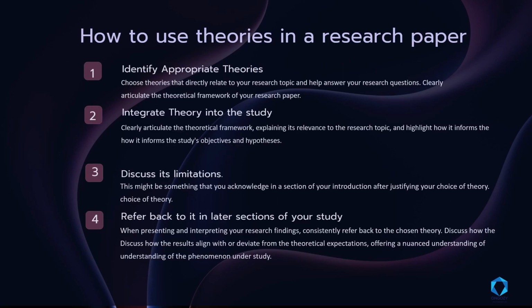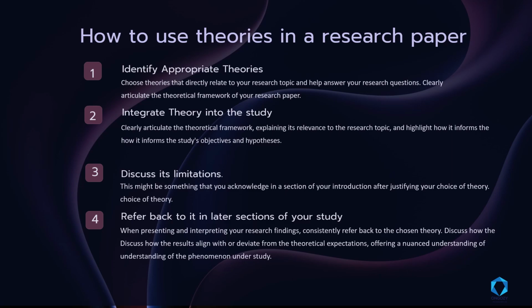So how do you use theories in a research paper? Number one, first step, identify an appropriate theory or theories. By the way, you can use more than one theory in your research paper. It is totally allowed. Again, remember I said use the guideline provided by your institution.